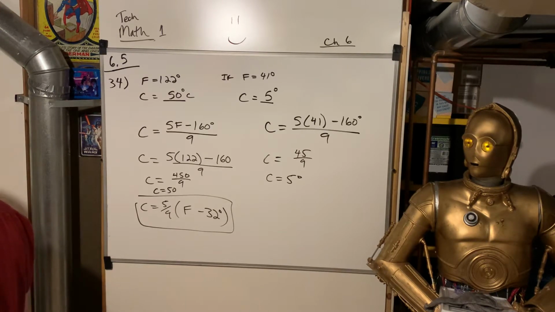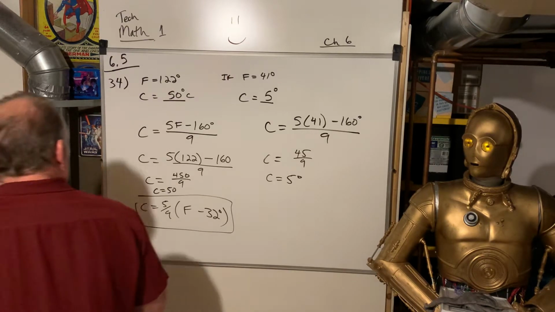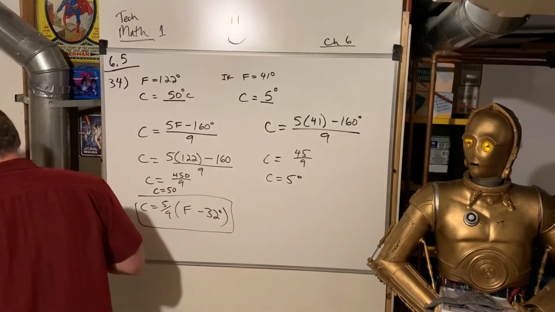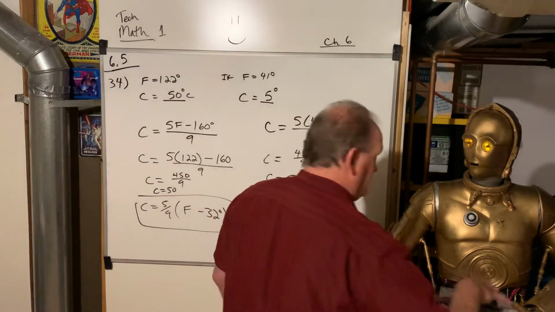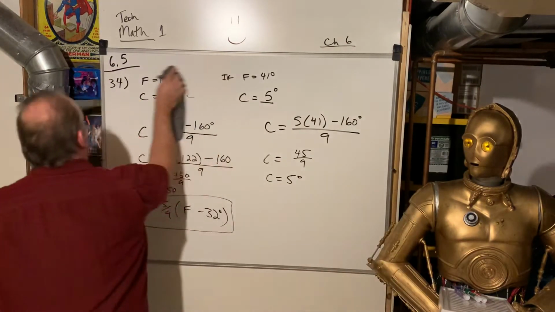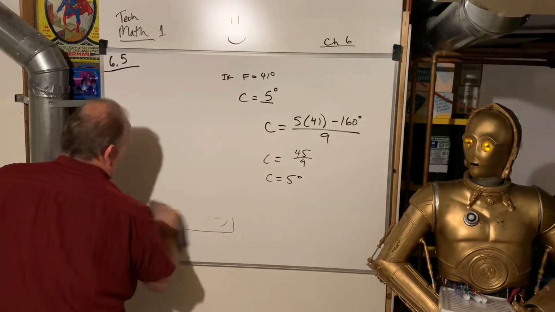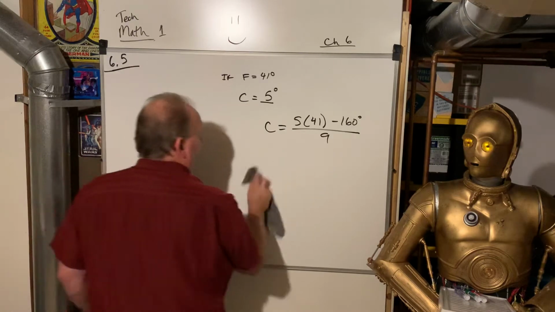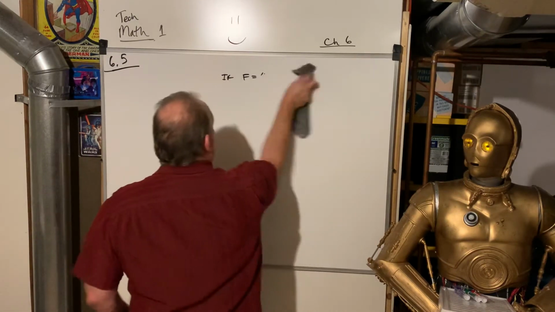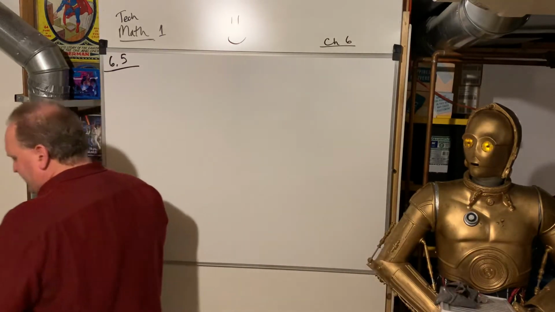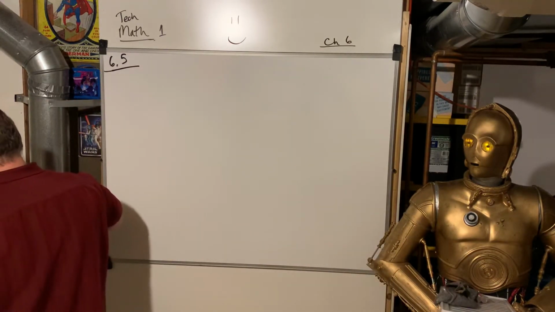Then let's jump to number 40. They're going from Kelvin to Celsius to Fahrenheit. So let's take a look at that. Kelvin is a different scale. Scientists use it, I think in extreme cases when they're talking about Kelvin.